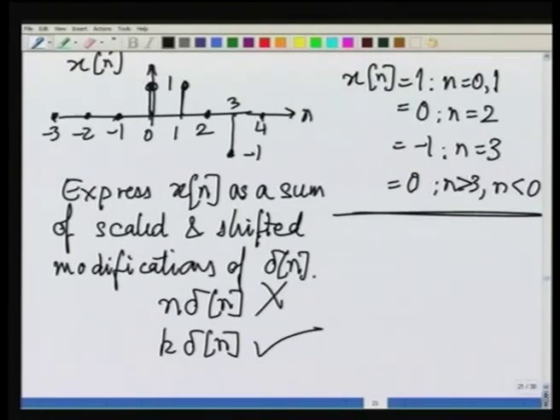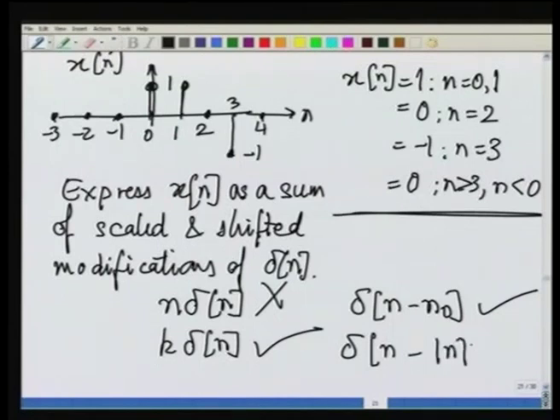Likewise, shifting, I can shift by some factor n naught to get delta n minus n naught. This is acceptable. However, shifting by an amount like delta n minus mod n, say, this is not what I would call a shifted version for our present purposes. So, this is not right.